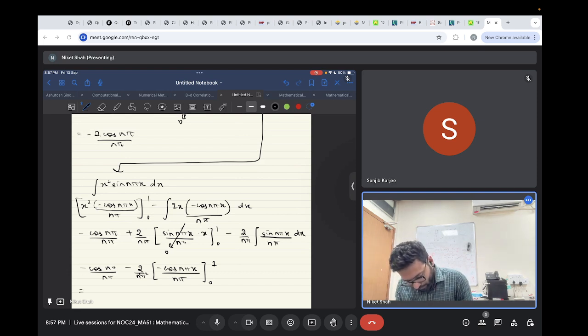So this is minus cos(n pi) divided by n pi, plus 2 cos(n pi) divided by n cubed pi cubed, and minus 2 divided by n cubed pi cubed.